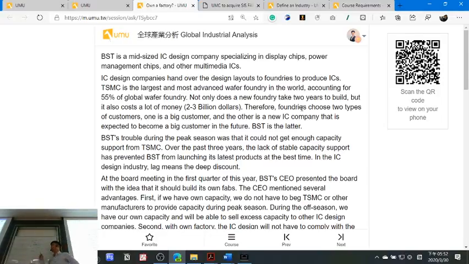Although not all of these reasons make sense, we know that they really needed some solution to solve their current shortage of capacity support. One solution is integration.